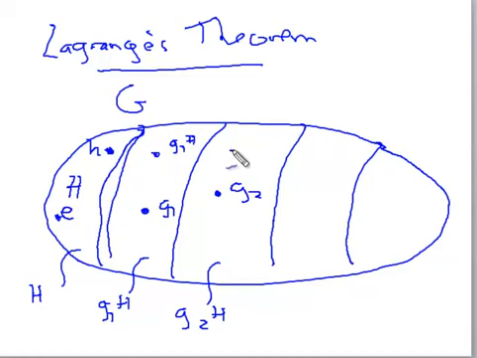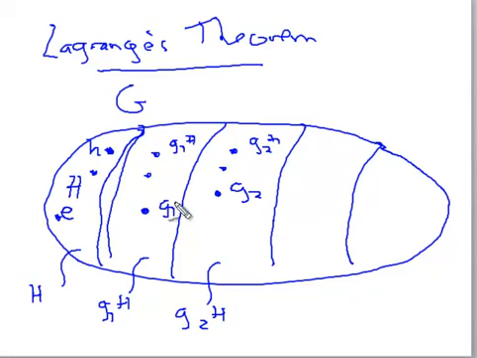There's also a corresponding element in this coset, which is G2H. In fact, every coset has a corresponding element. If you apply this to every single element little h of the group, then we have a one-to-one correspondence between the elements of H and the elements of each coset.